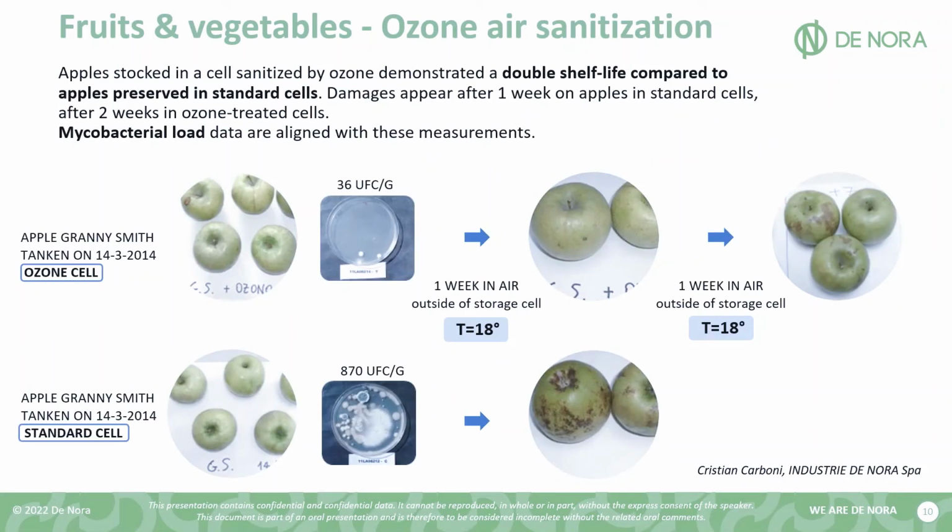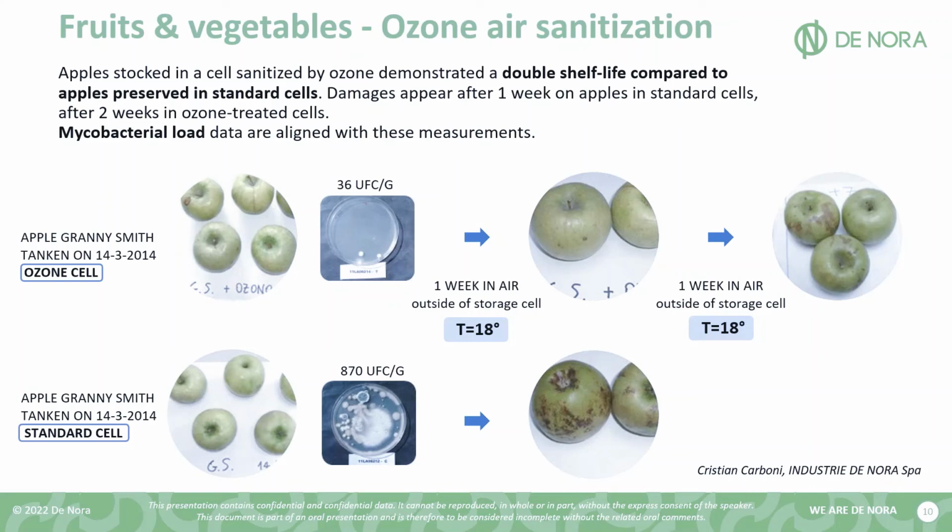In this slide, I show you another effect of using ozone on apples, but you can also find it on grapes, strawberry and other kinds of products. If we use ozone in an apple, melon, or grape storage, and then put these products outside the ozone storage room, the shelf life was longer.